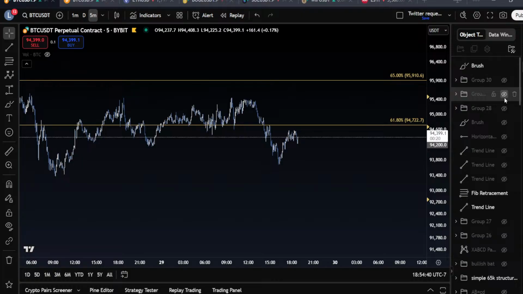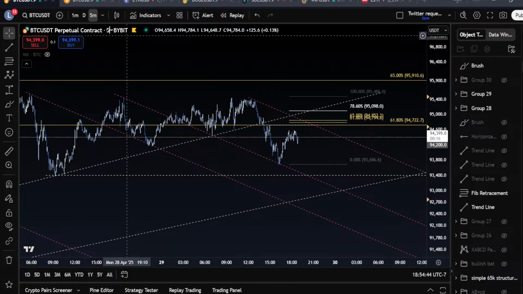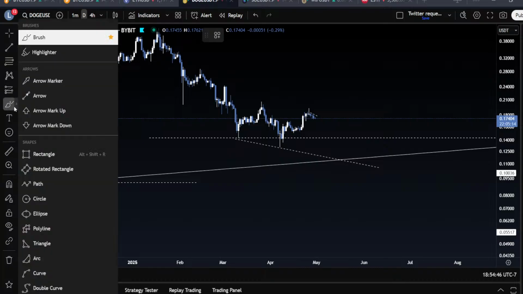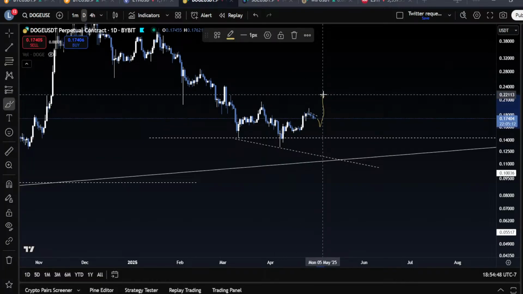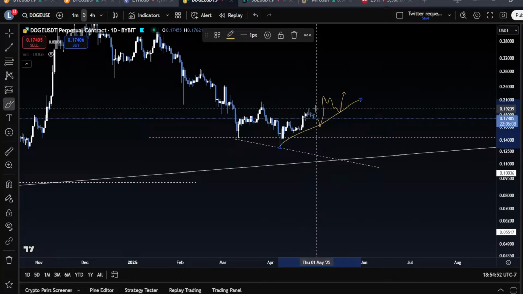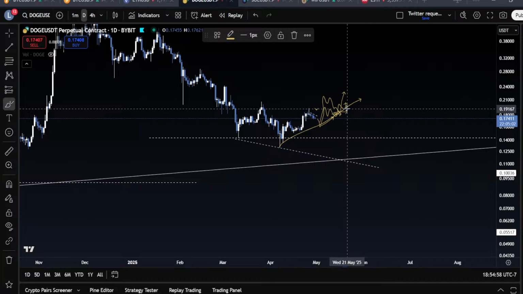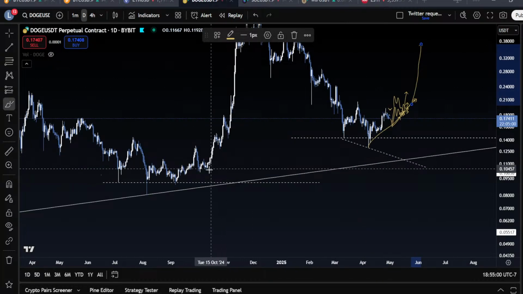No. If we break out here, there are also going to be opportunities to get long. Maybe you start forming something like this, price starts trending and grinding into this, and then you say, okay, I'm going to take some aggressive longs into this trend. I did that in here.